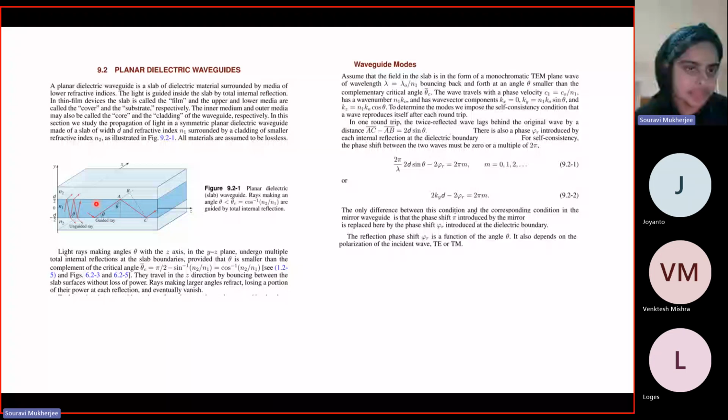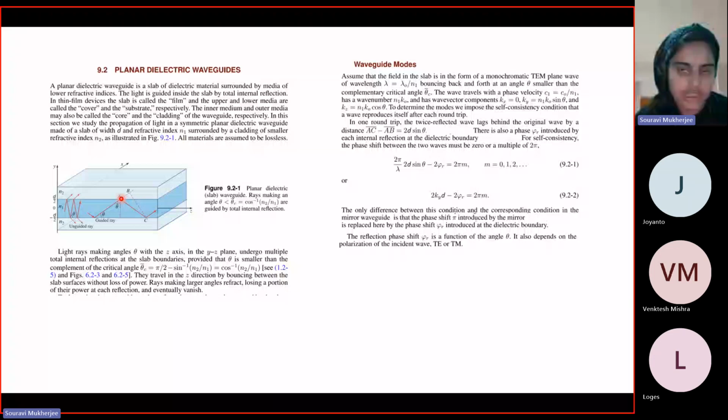Okay. Now another phase change, or additional phase, comes because of the reflection. For a mirror, in the last case that we had, if you use the Stokes treatment, one can say that reflection from a mirror causes a phase change of pi. But now because you have a dielectric and waves incident at different angles, it would not be this trivial.